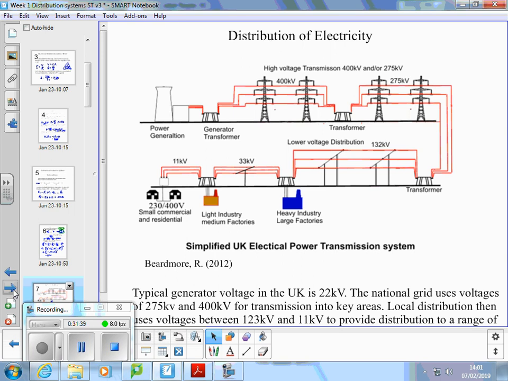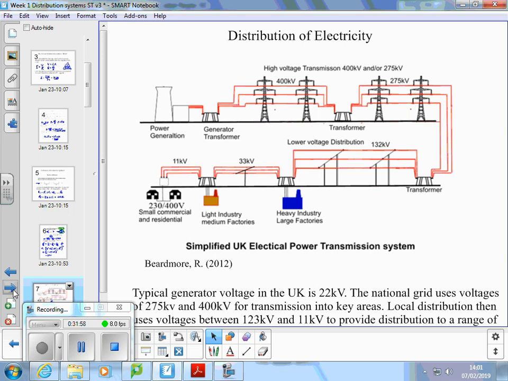So, the way that electricity is distributed in the country is that there are lots of different power stations situated, most of them near the sea, so they've got an abundance of cooling water for their systems.